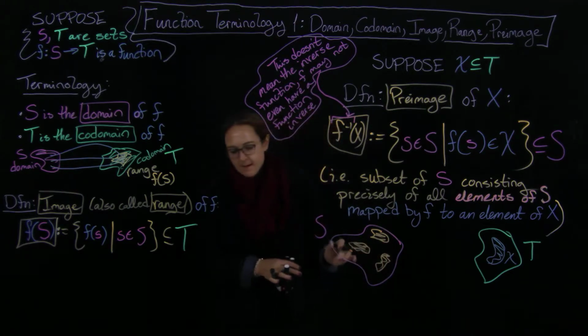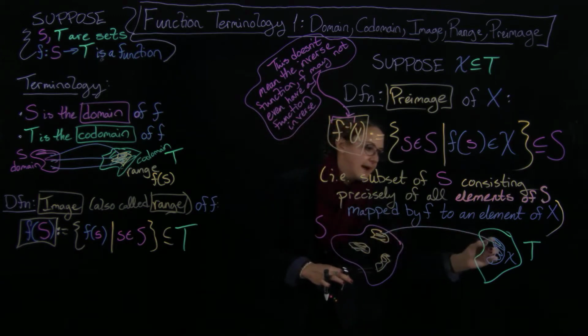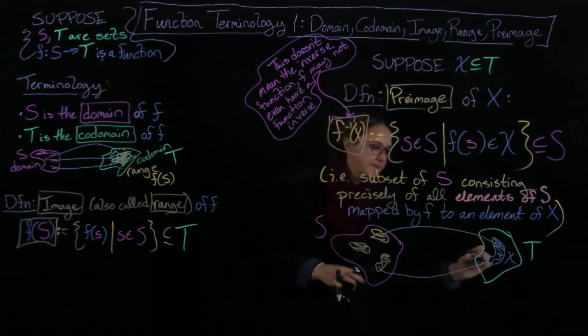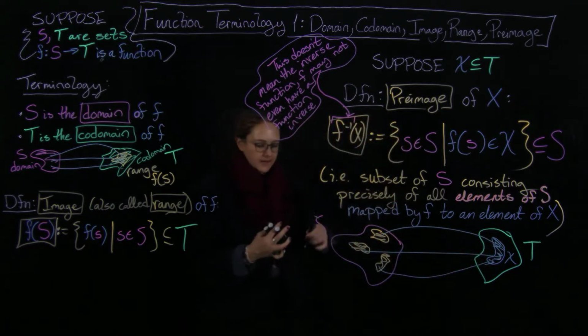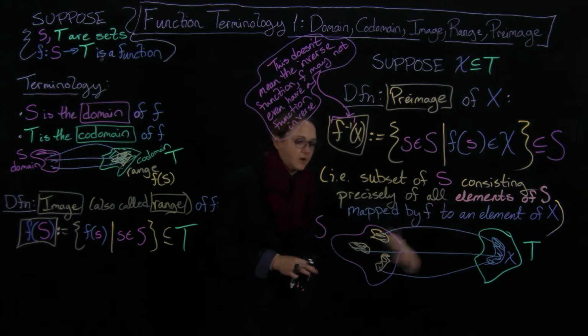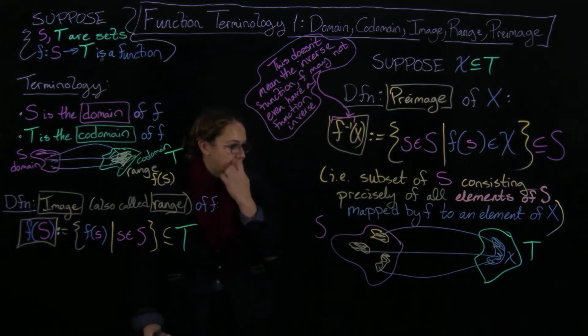I'm just looking at the things that go into X, that f maps into X. Nothing else can go into X. Anything on the outside has to go somewhere else in T. I'm interested precisely in the ones that go into X.